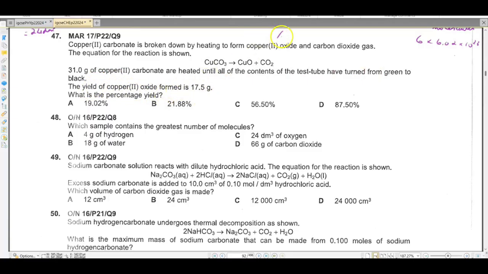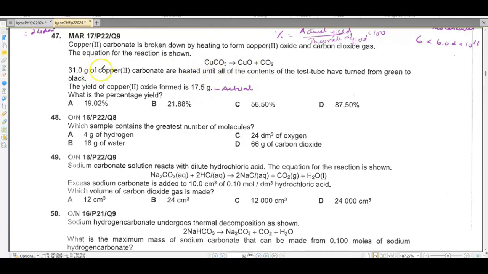For percentage yield, we need the actual yield over the theoretical yield, times 100. We have the actual yield, and we need to find the theoretical yield.